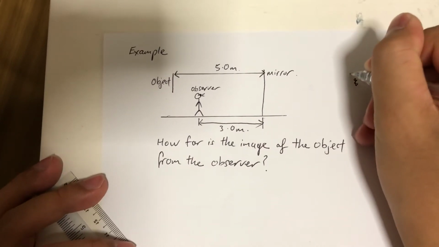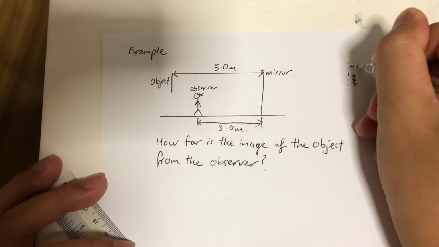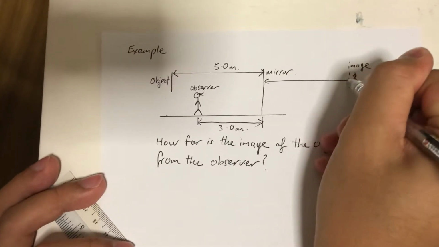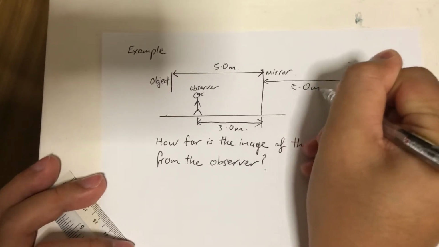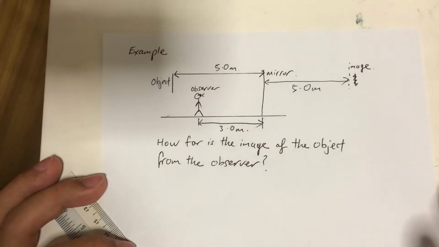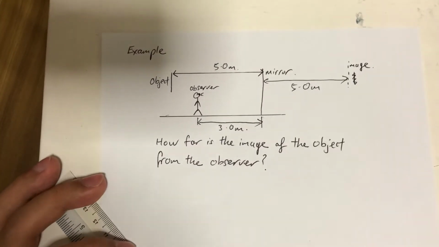Let me use dotted lines to represent it. It will create an image that is also 5 meters away from the mirror. But it's behind and it's virtual. You cannot touch it. You cannot project it onto the screen.